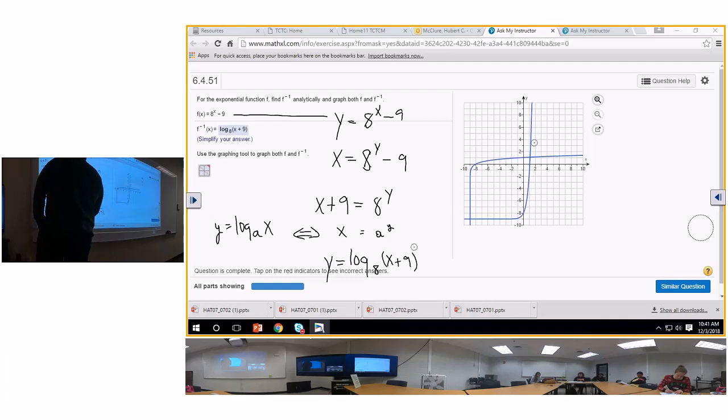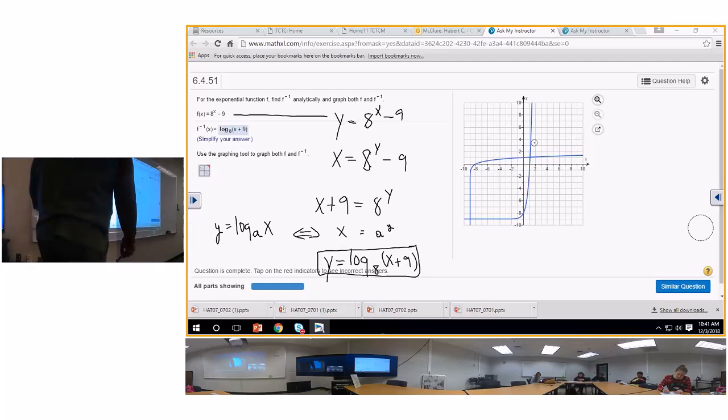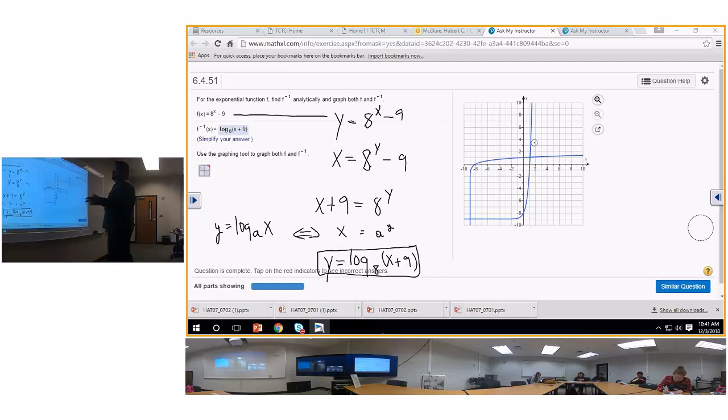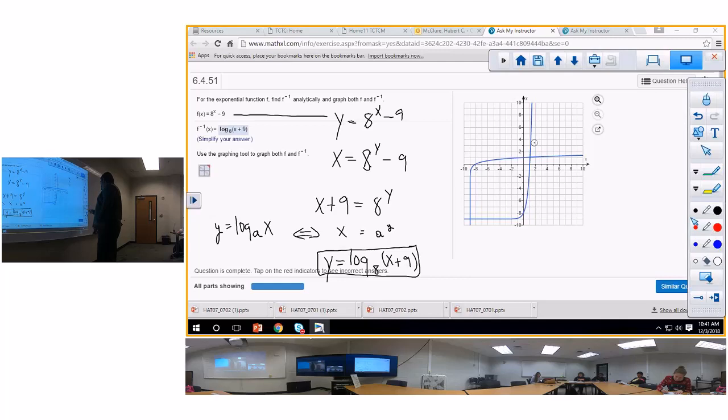So that's the logarithm. And of course, if you're going to do that, what is this saying? Well, 8 to the x minus 9. So you would go to the graph and punch that in. You know what that looks like.